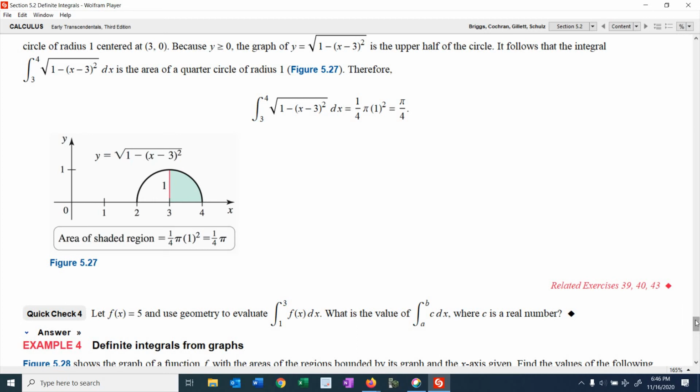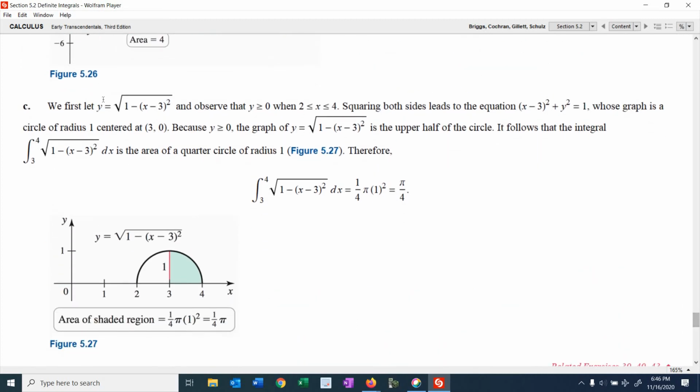One way of knowing that is if you start off with y equal to this square root and square both sides, you'll end up with y squared equals 1 minus the quantity x minus 3 squared. Then if you add x minus 3 squared to the other side, you get x minus 3 squared plus y squared is equal to 1.